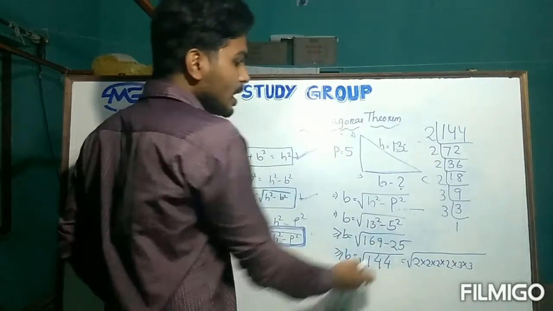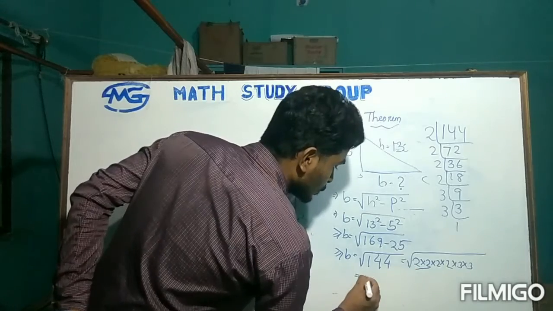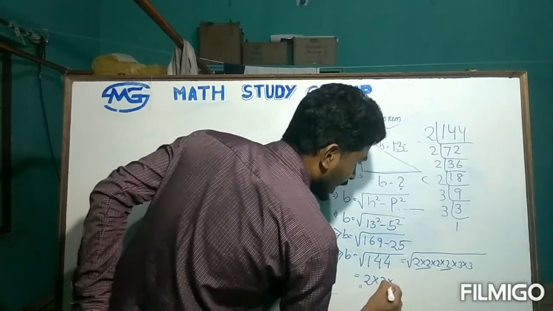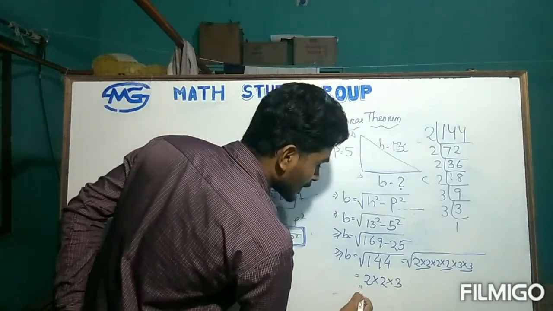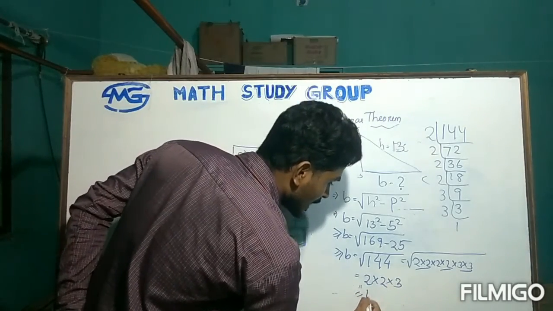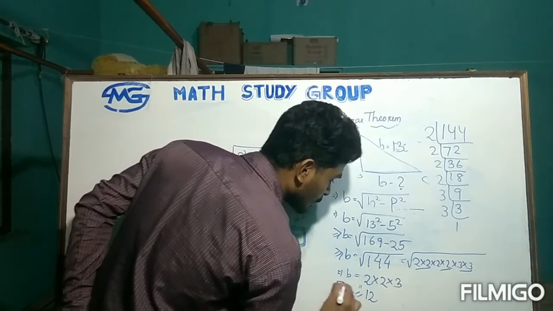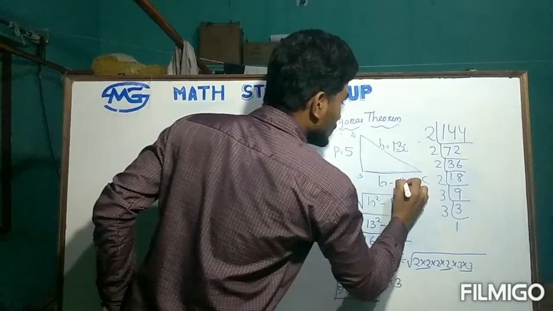For each pair of 2s we take one 2, and for the pair of 3s we take one 3. Then the value is 2 times 2 times 3, which is 12. So the value of B is 12.